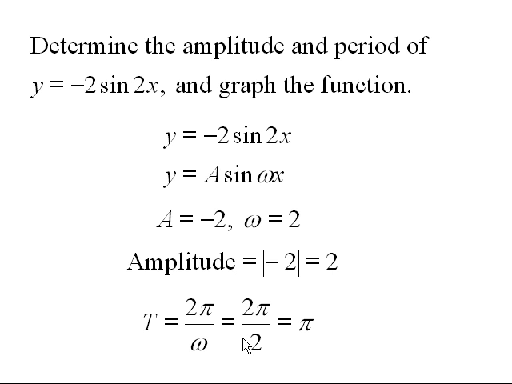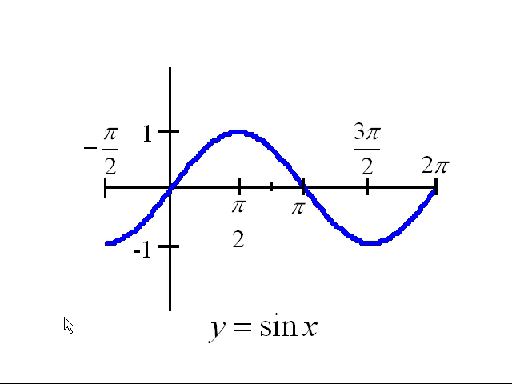And we'll get T, the period, from the omega parameter in the equation as given. Omega was 2, so 2 pi divided by 2 is pi. So we want to write this as a sinusoidal curve with amplitude 2, minus means it'll go down, and T for the period of pi units.